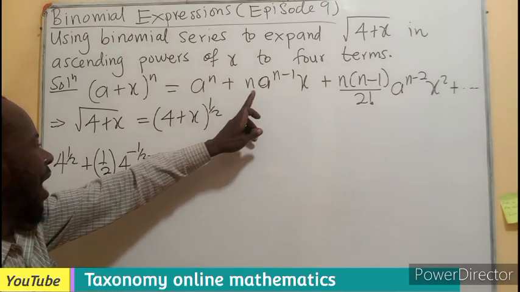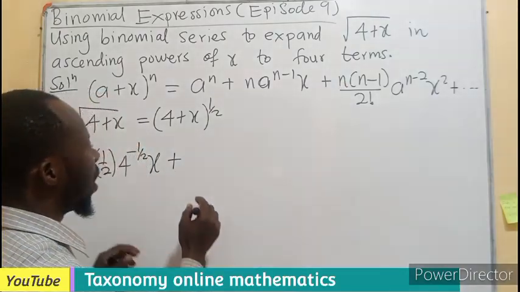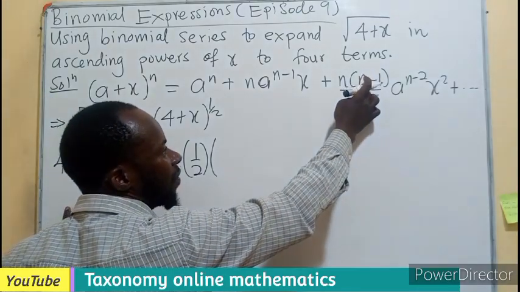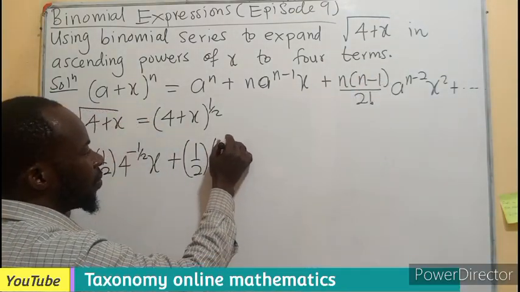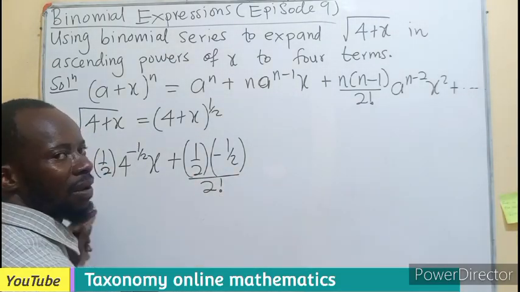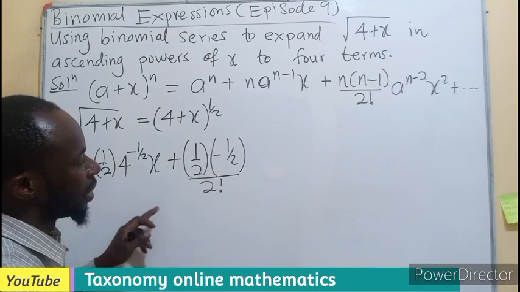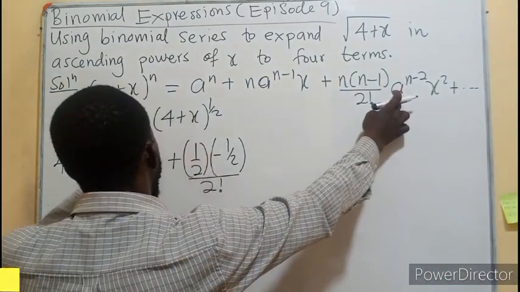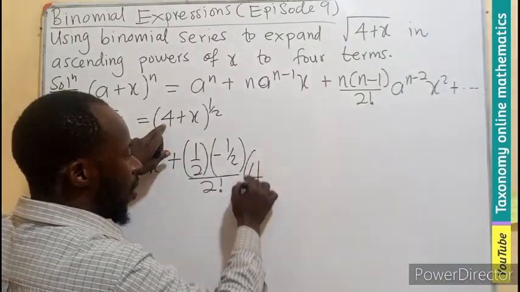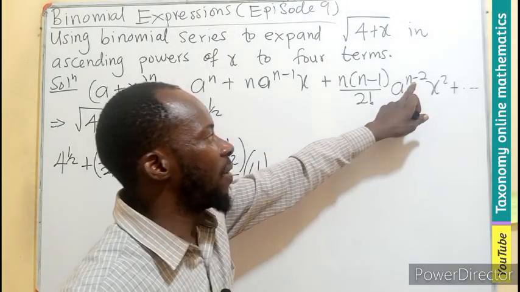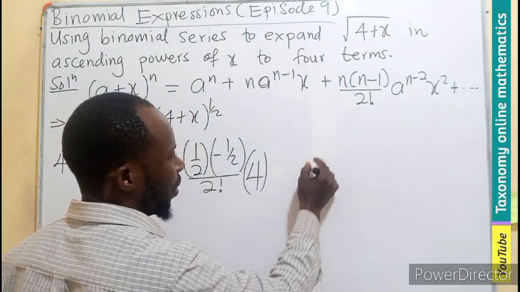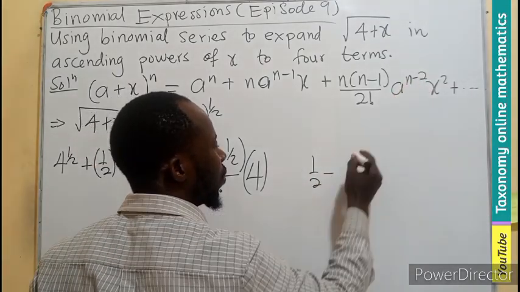We are done with the second term. So let's go to half, multiplying half minus 1, which is negative half, divided by the second factorial. Then we take our first term, which is still 4, and this 4 must have an exponent of n minus 2, which is half minus 2.